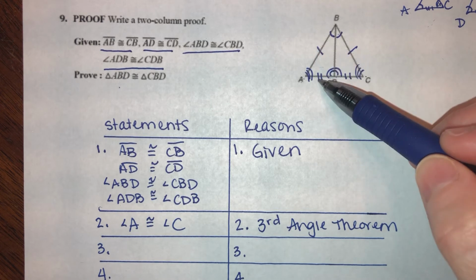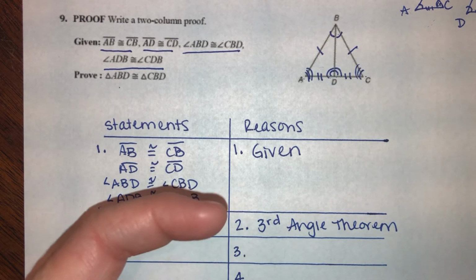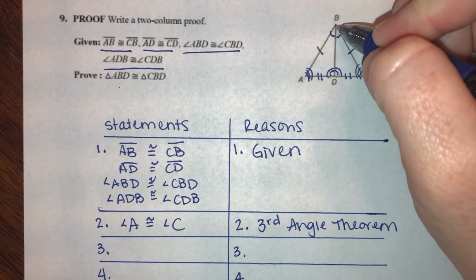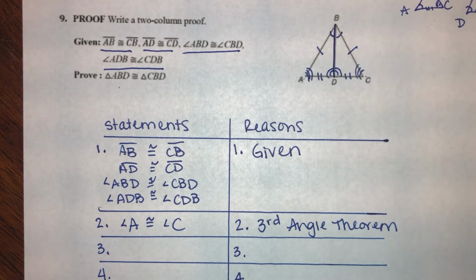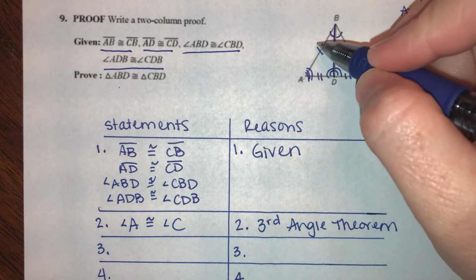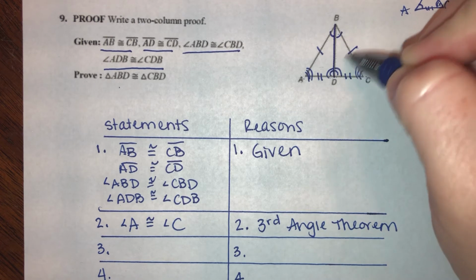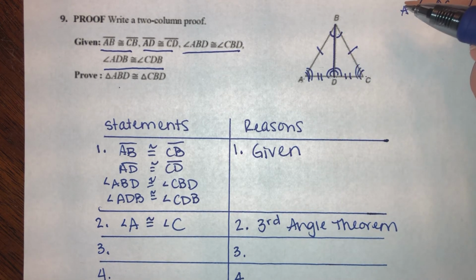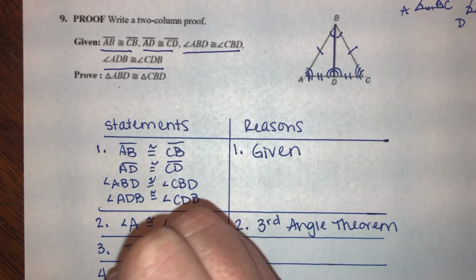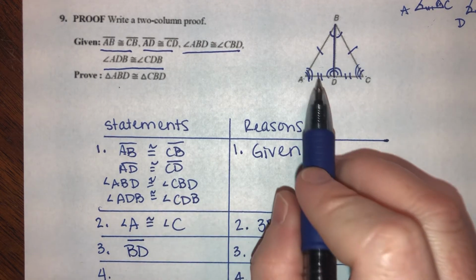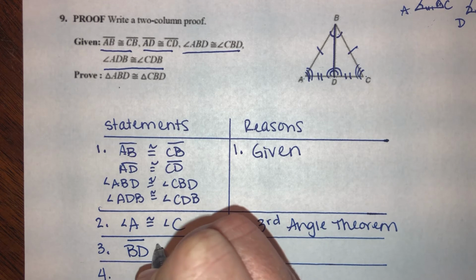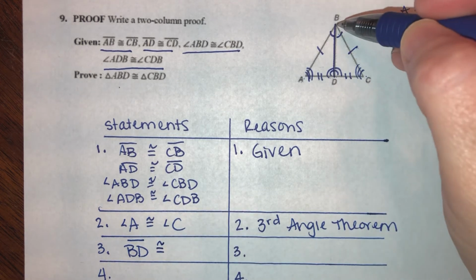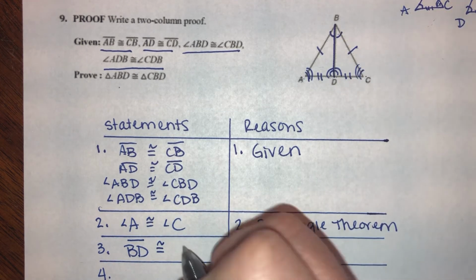I said these 2 sides are congruent to these 2 sides. What's the third side, right? Well, it looks like it's this guy BD. It's shared. It's used in this triangle and it's used in this triangle, and it's the same line segment, so it's the same size either way. So I'm going to say BD, when it's used in the left triangle, is congruent to, or the same size as, the BD that's used in the right triangle.